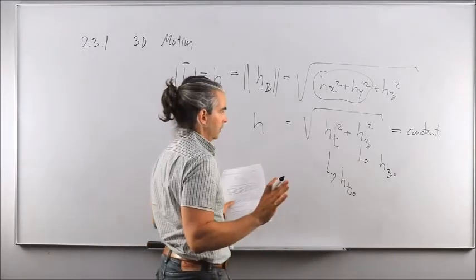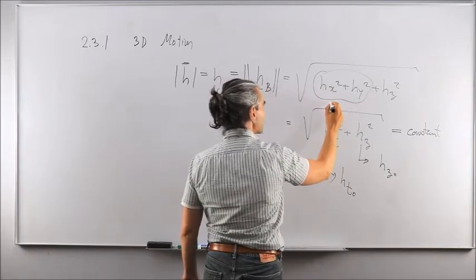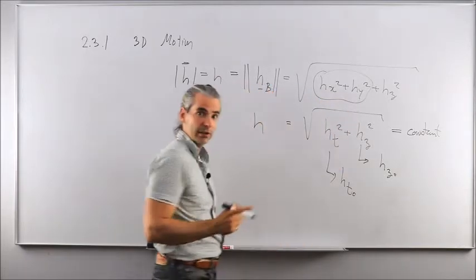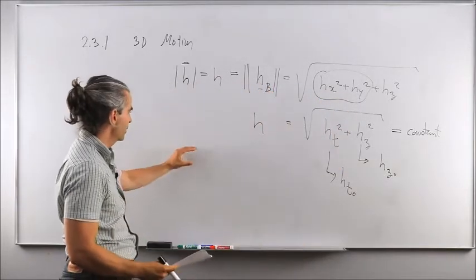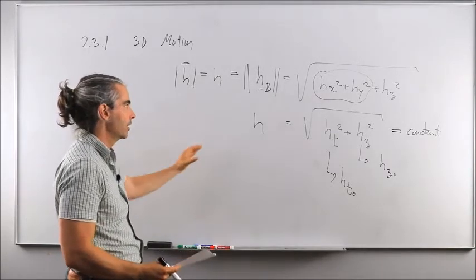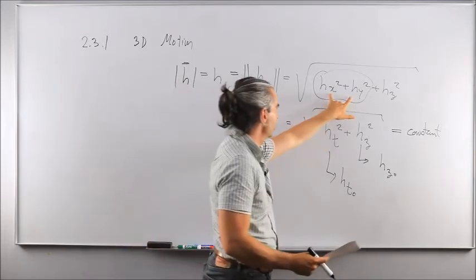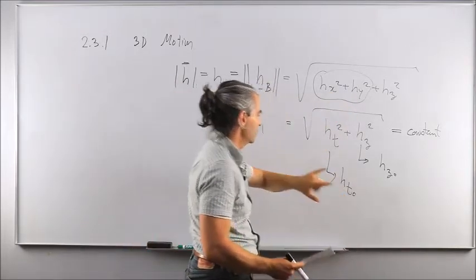Well, no. That is constant, that is true. But hx and hy are not constant by virtue of the equations we had just derived previously. But they are moving in a way that makes ht, the combination of those two, constant and equal to ht naught.